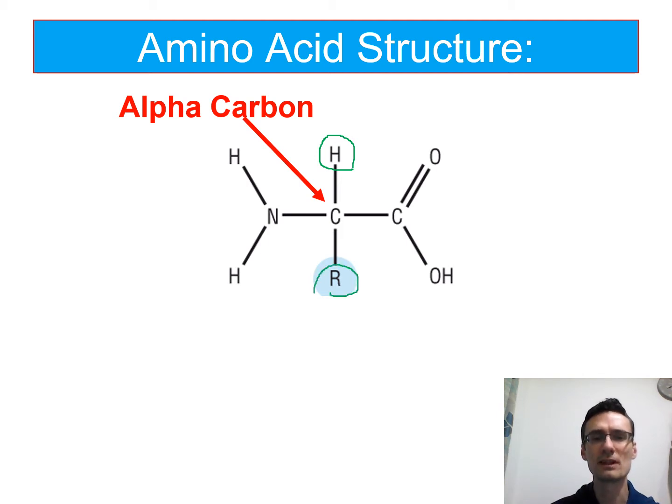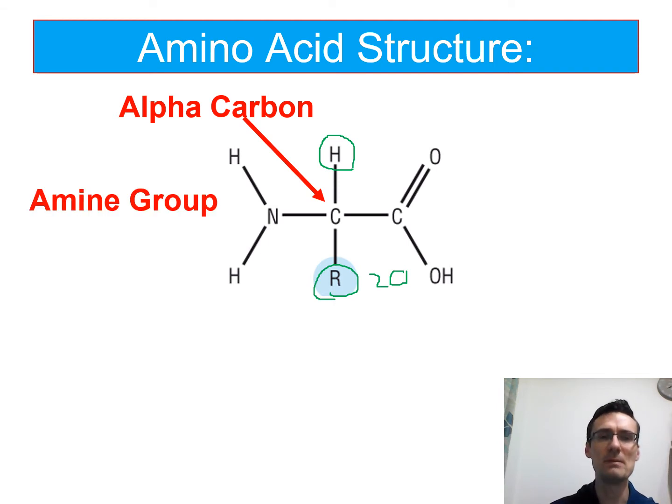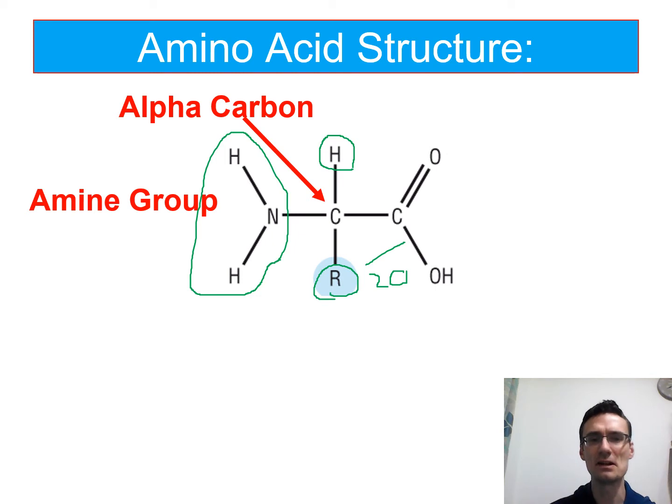The R group, or the residual group, is one of 20 different groups because there are 20 different amino acids. In the most simple case it is just a hydrogen, but in other cases it's lots of different molecules. We then have something called the amine group, sometimes called the amino group, and basically the amine group is this bit here, this NH2, and whenever you're talking about that part of the amino acid, you need to refer to it as the amine group.